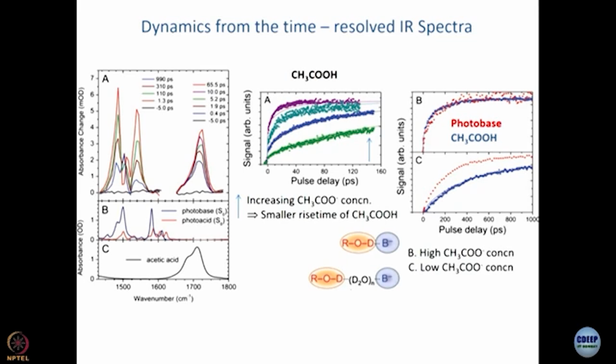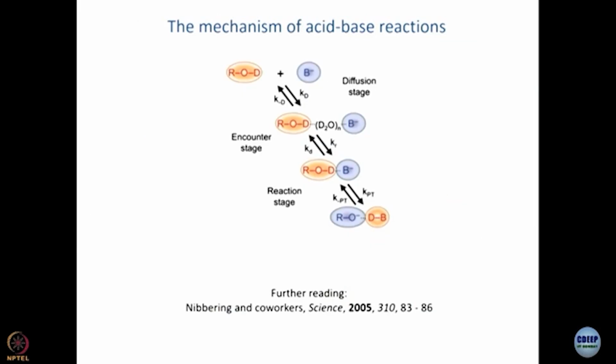You see a rise in absorbance, which signifies protonation of acetate, and with a closer analysis of the data, the group of Nibbering and co-workers could work out the mechanism of reaction between an acid and a base.